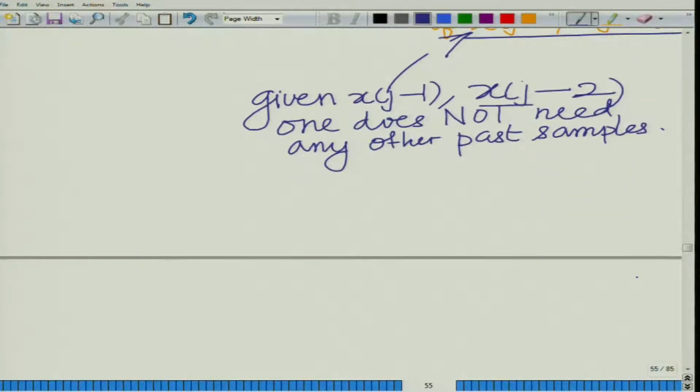So what we are saying is this xj minus 1, xj minus 2 represents a state.